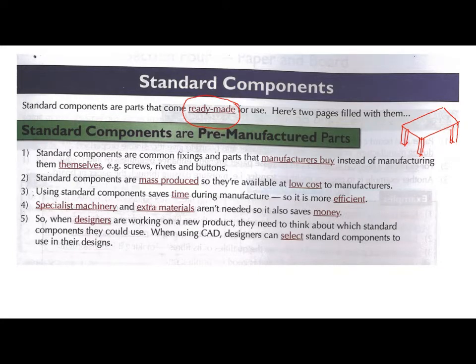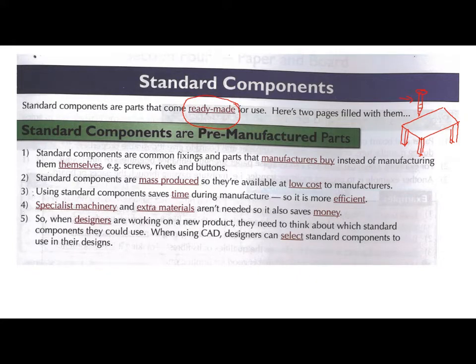Whatever you order in, say you order in some screws, you are not going to make those yourself, you will buy them, they are ready-made and ready to use in different sizes and types, and these are called standard components.